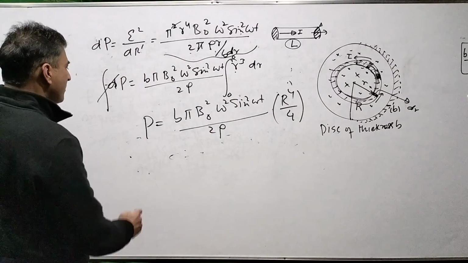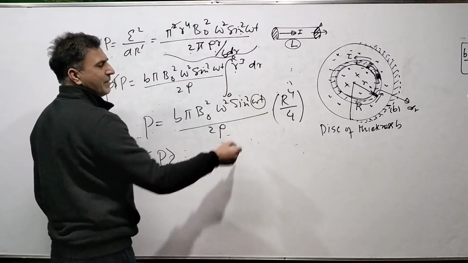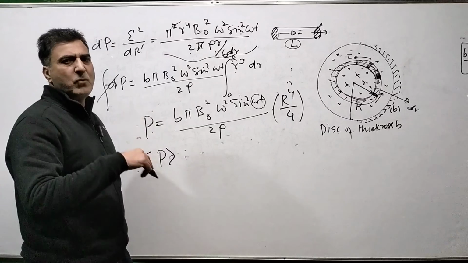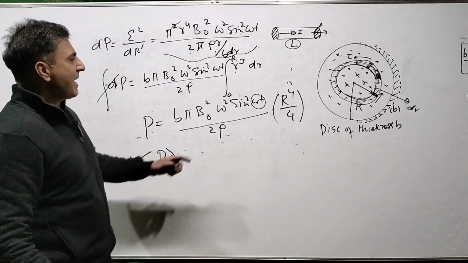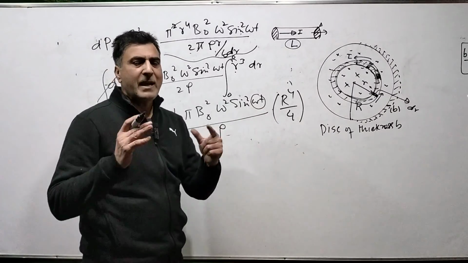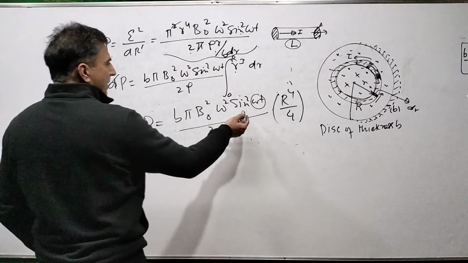Okay? What is the average power? Because this power is a function of time. The power changes. It becomes zero, maximum, zero, maximum. So what is the average power? We have to find the average value of sin squared omega t. The average value of sin squared omega t is 1 by 2. So it is 1 by 2 here.